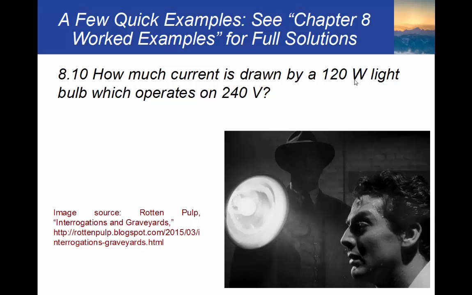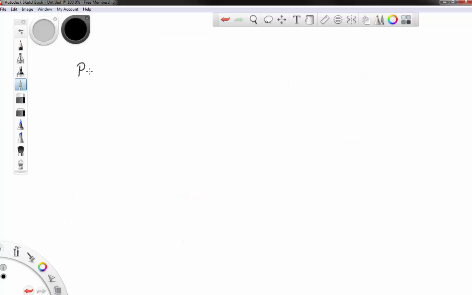Alright, how much current is being drawn by a 120 watt light bulb which is operating on 240 volts? To solve this problem, we can use that same P equals IV equation that we just looked at. The power is the current times the voltage.